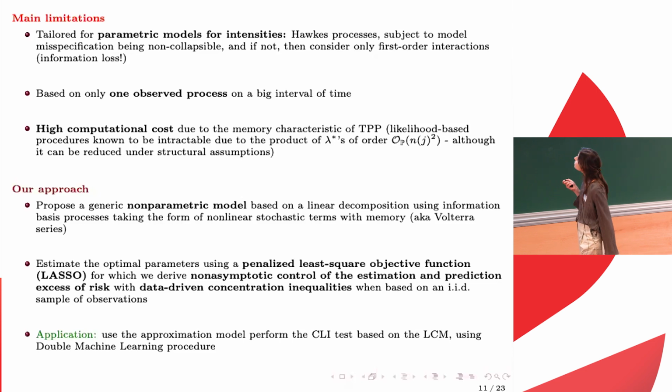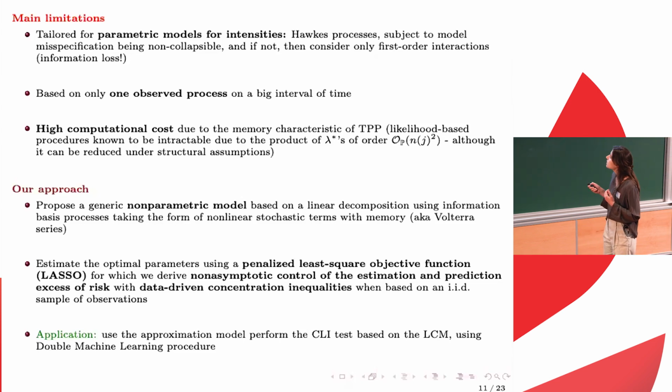And so our approach is to propose a generic non-parametric model based on a linear decomposition using an information basis of processes that take the form of nonlinear stochastic terms with memory. I will explain this in a minute.